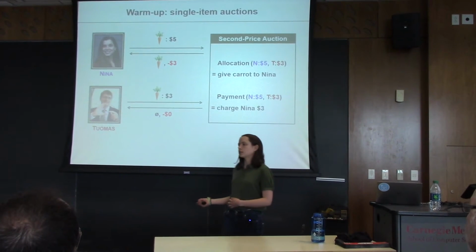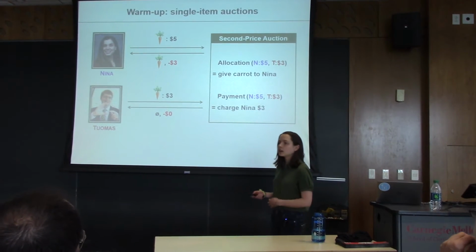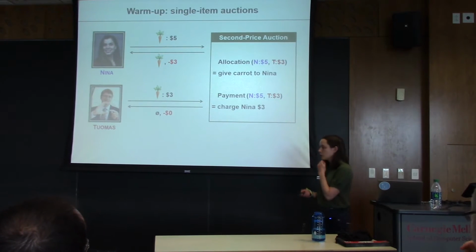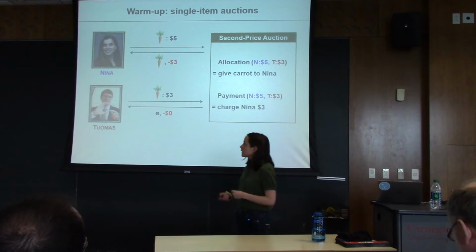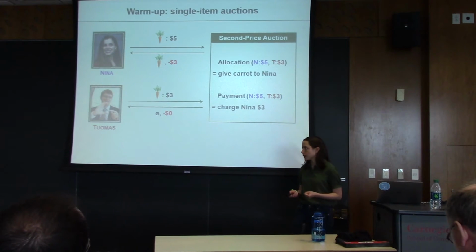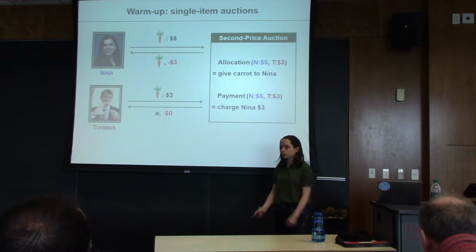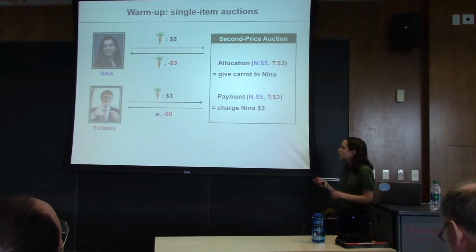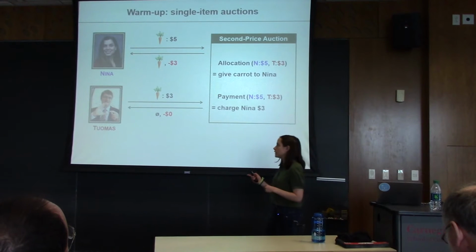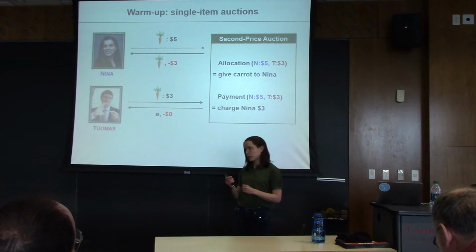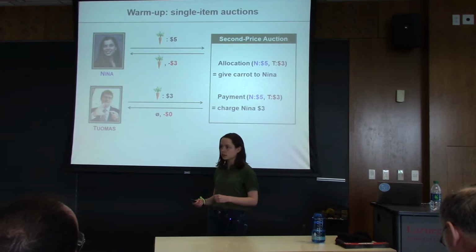Before I get to multi-item auctions, I'm going to start with single-item auctions, which we know much more about. One of the best known single-item auctions is the second price or Vickrey auction. Here, the single item goes to the highest bidder, and that winner pays the second highest bid.